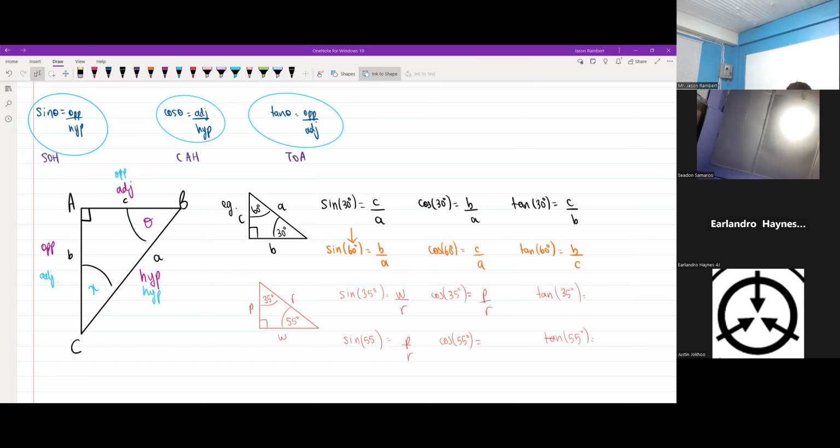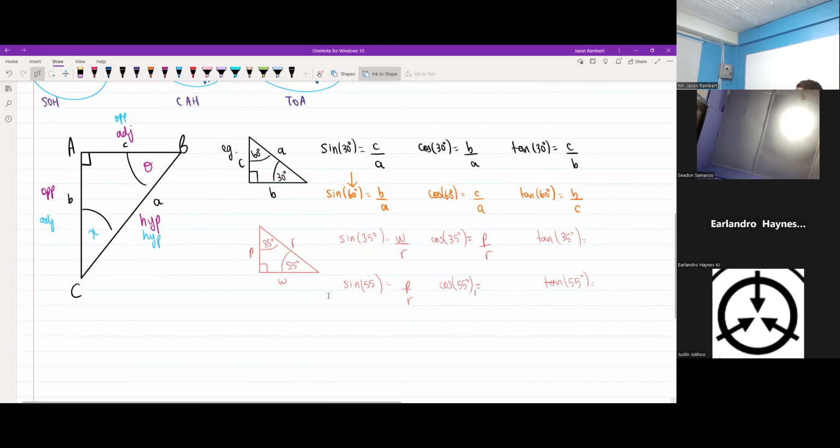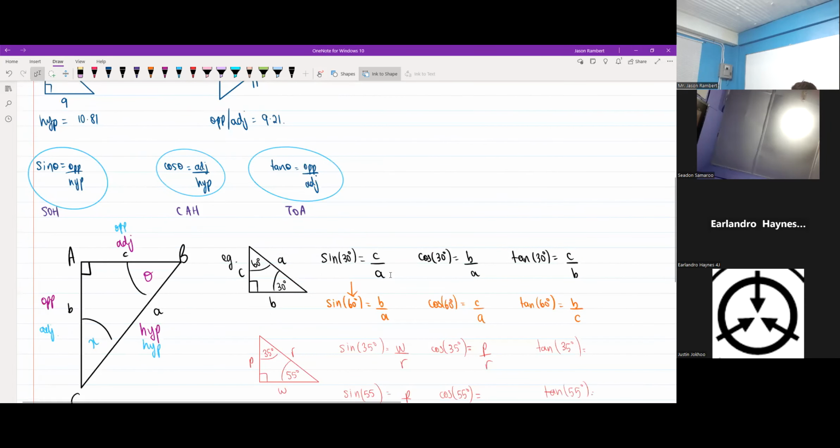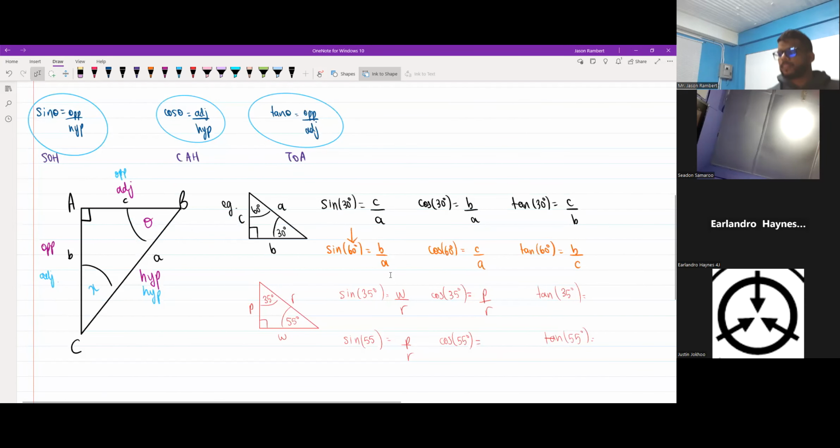Thanks, sir. All right, you're seeing the screen, right? Yes, sir. All right, so let me help you with the first piece. Help me with cosine of 55. I was asking, identify the opposite depending on what angle I'm using.